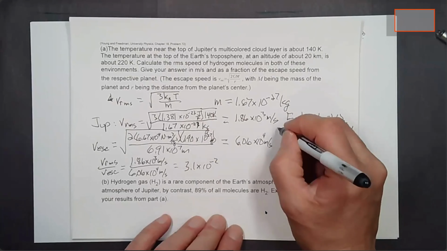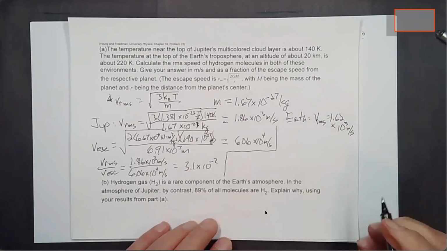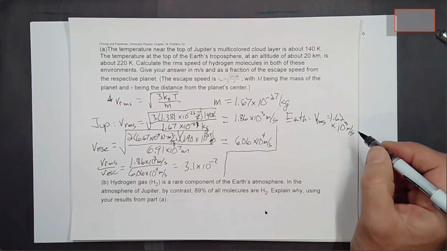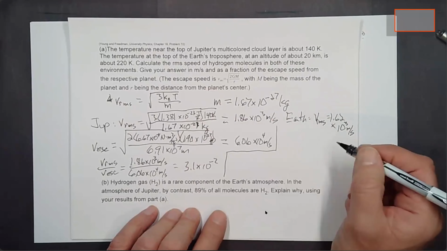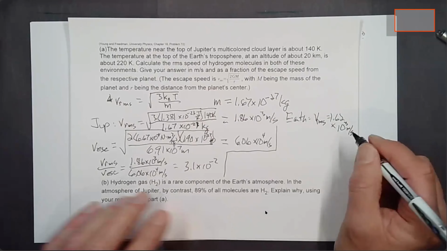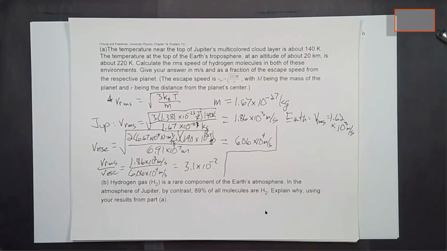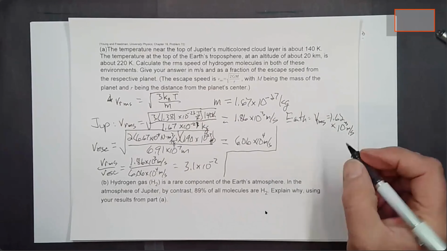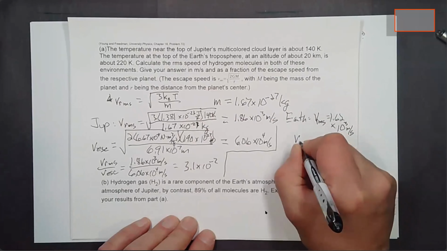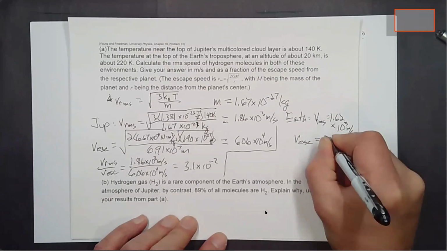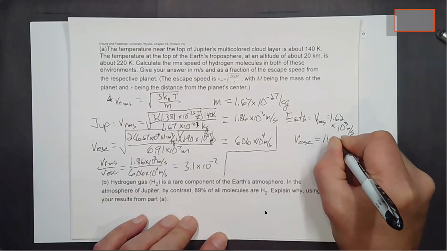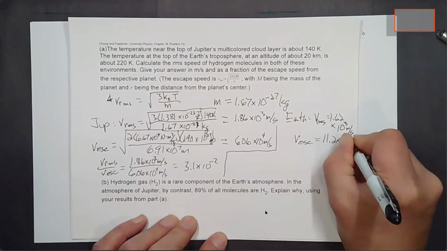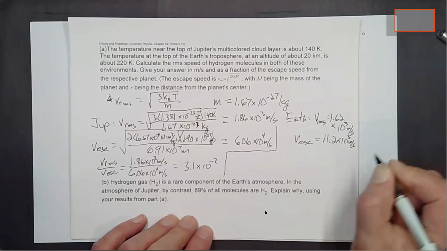Okay. For Earth, it's a different picture though. Escape speed from Earth is 11.2. Actually, I should probably plug in the numbers. Let's go ahead and use V escape, 11.2 times 10 to the third meters per second.